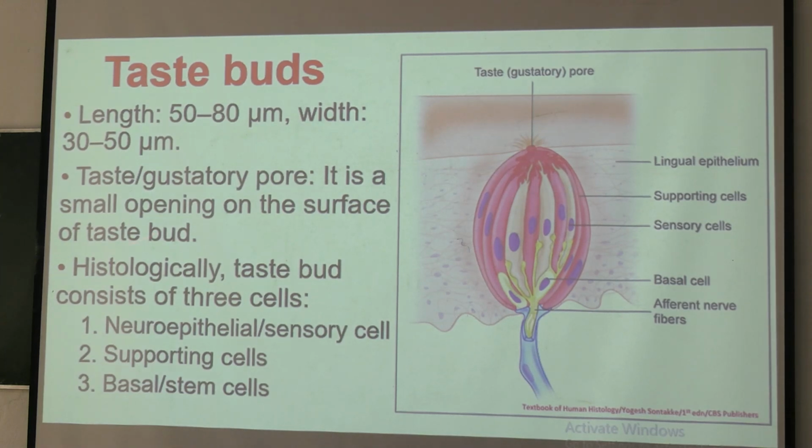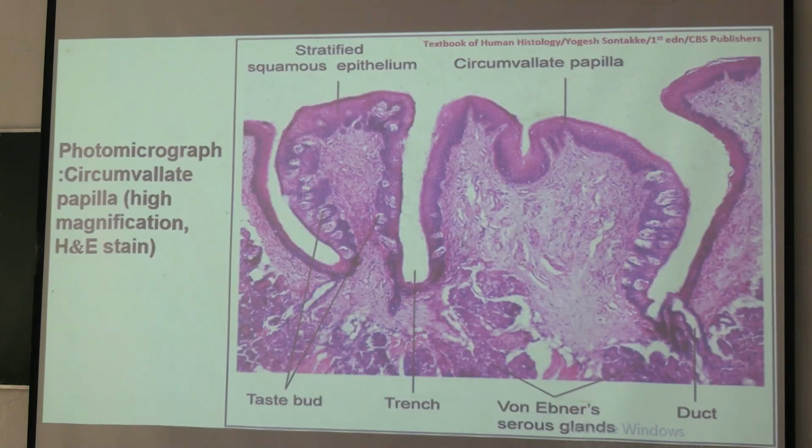So the taste or gustatory pore is a small opening on the surface of the taste bud, and histologically taste bud consists of these cells: neuroepithelial cells or sensory cells, supporting cells, and basal or stem cells. Basal or stem cells are the basal cells. They help in generation of these other two types of cells.